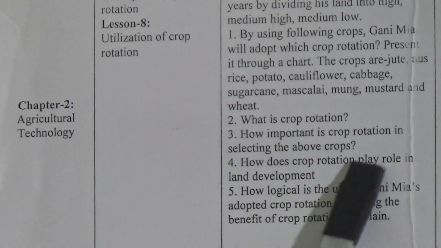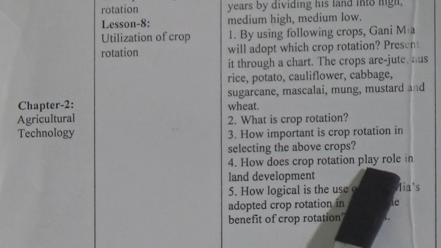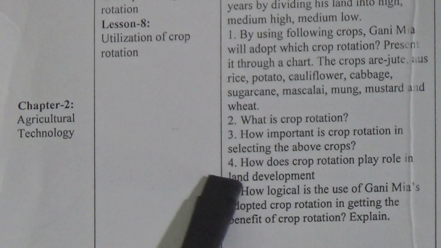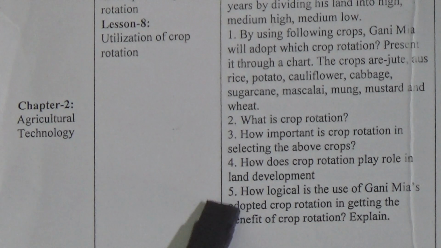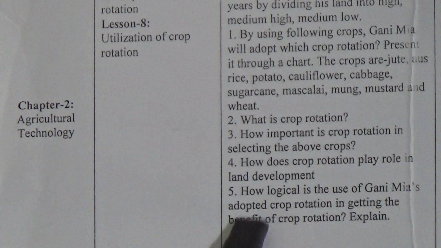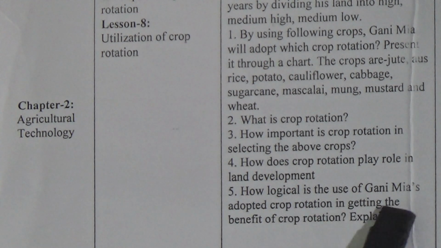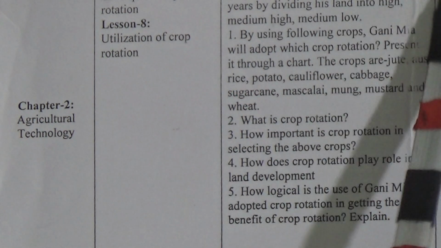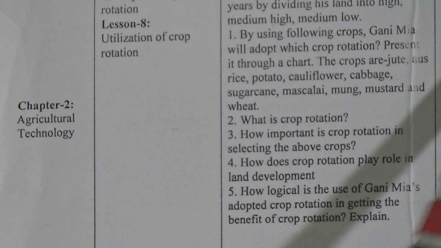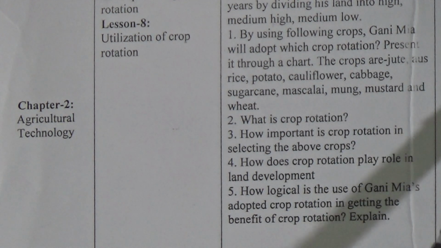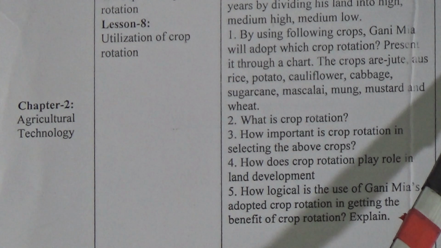How does crop rotation play an important role? How does crop rotation play a role in land development? How logical is the use of Gonemia's adopted crop rotation in getting the benefit of crop rotation? Explain.